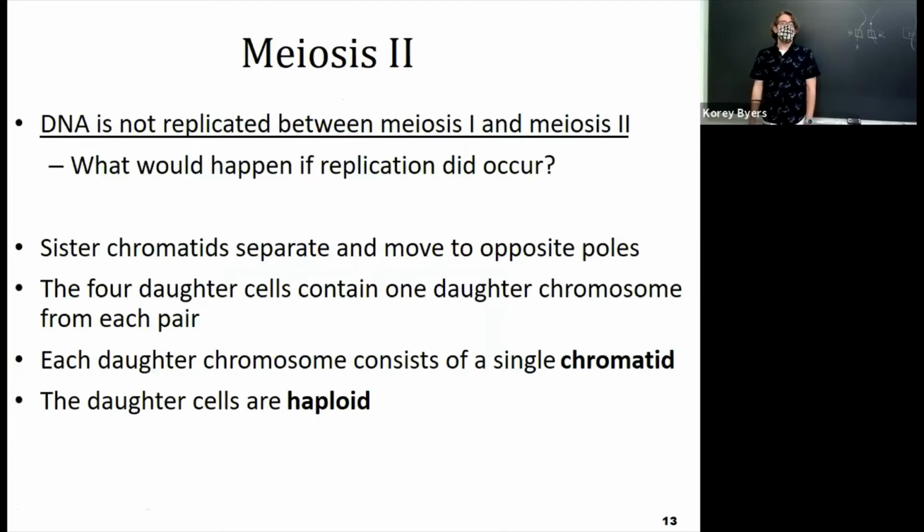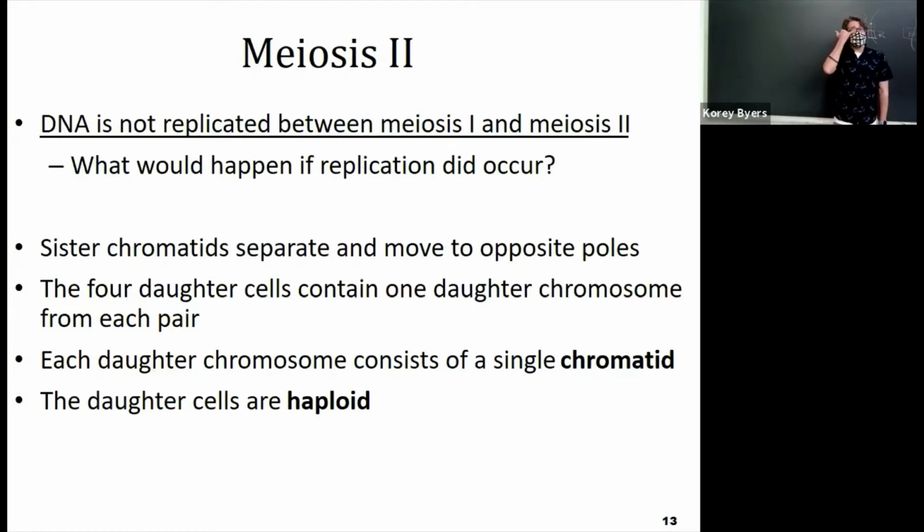Between meiosis I and meiosis II, DNA is not replicated. So star that or use your exam highlighter to say DNA is not replicated between meiosis I and meiosis II. Why would you? The goal of meiosis is to reduce your chromosomes, not keep making more copies.